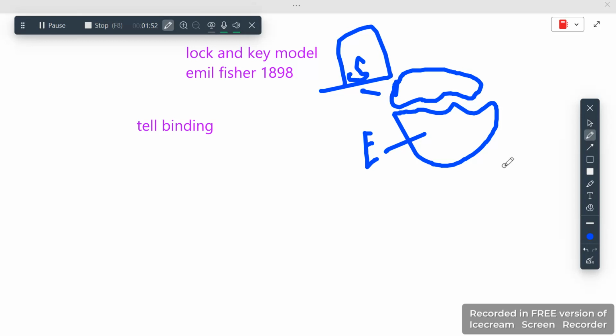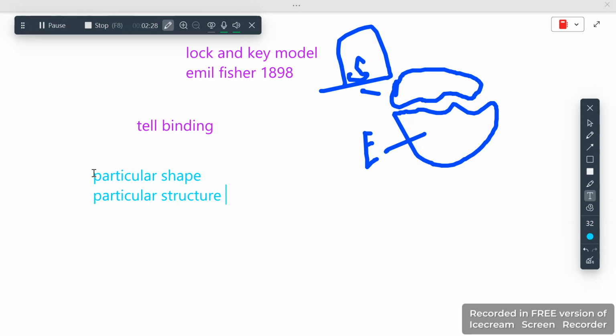Not every substrate will attach to every enzyme, only the particular one will. So a particular shape, a particular structure is required. Even the words lock and key tell us that it is specific.